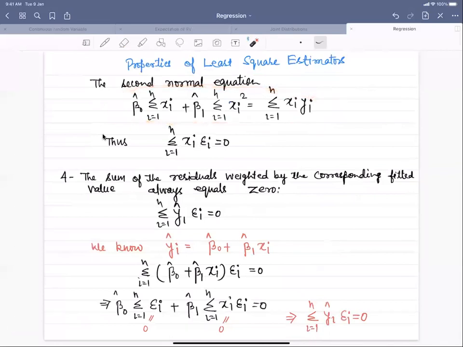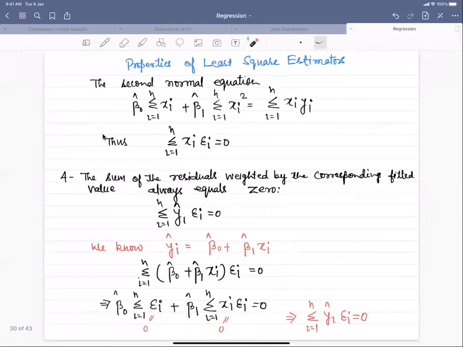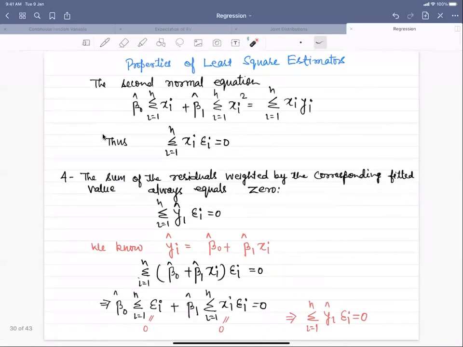So that means summation over i=1 to n xi epsilon i equals 0, because this is from the second normal equation. We already got this, so we can put this value from the second normal equation and it will come out 0.